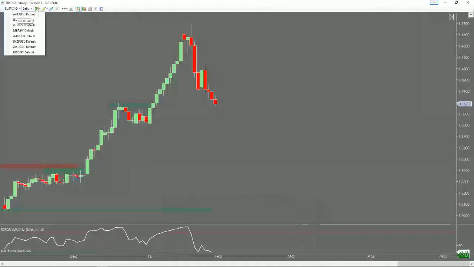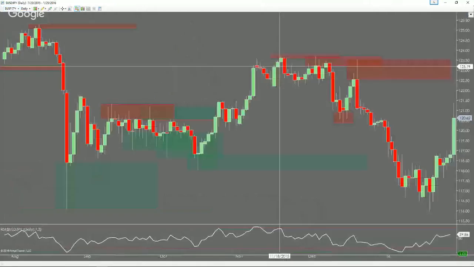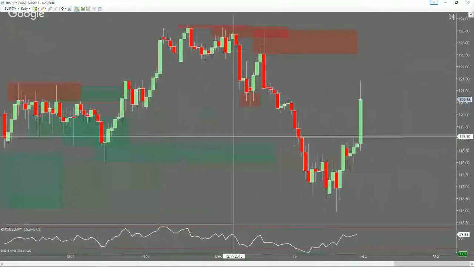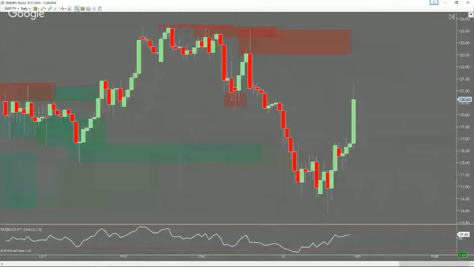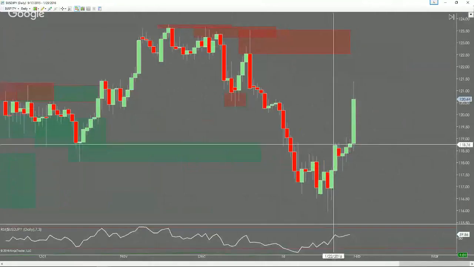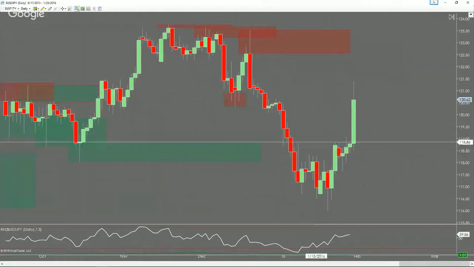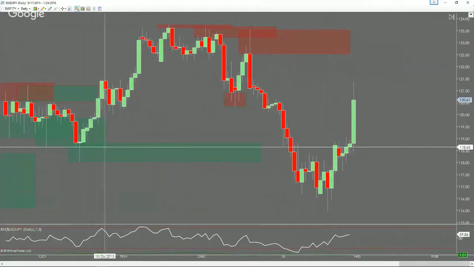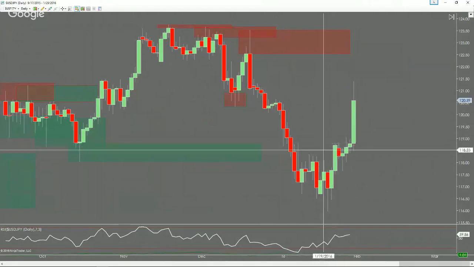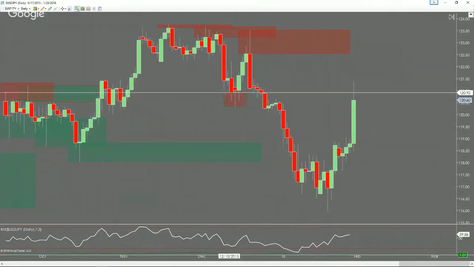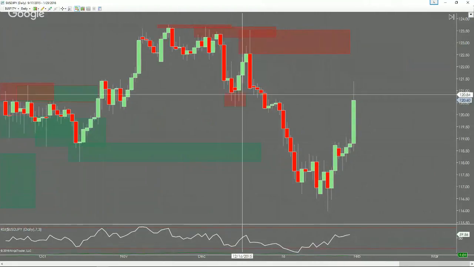Let's go to dollar yen. All right, dollar yen. We did pass the structure level already. A few days ago, we did talk about this structure level, that if this gets violated, the price will probably find some resistance on the next structure level, which is right here.